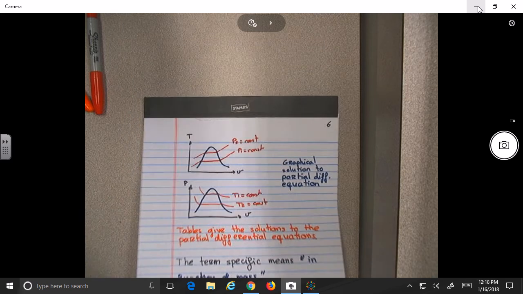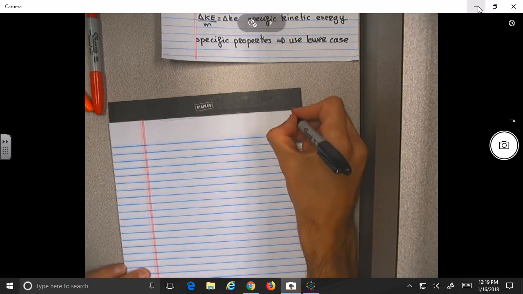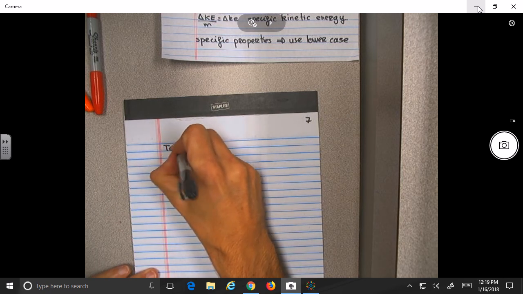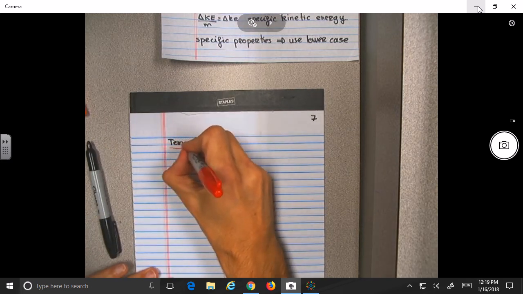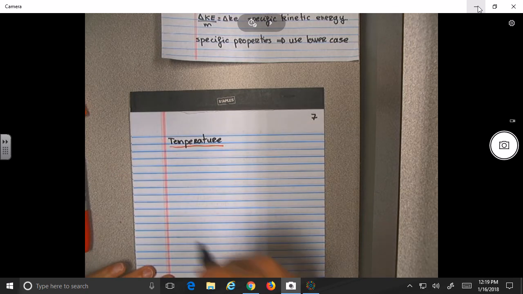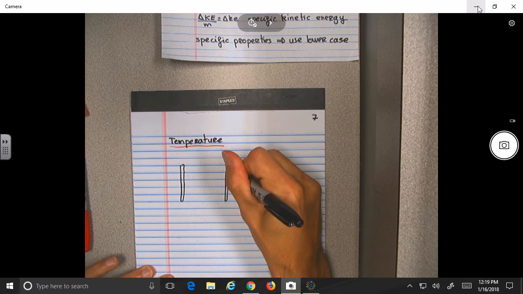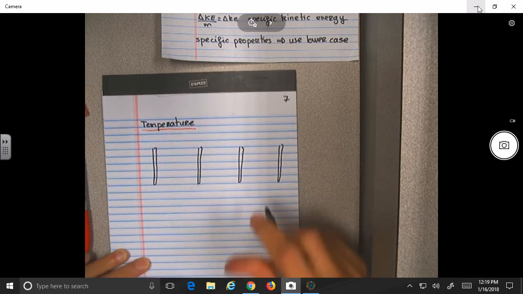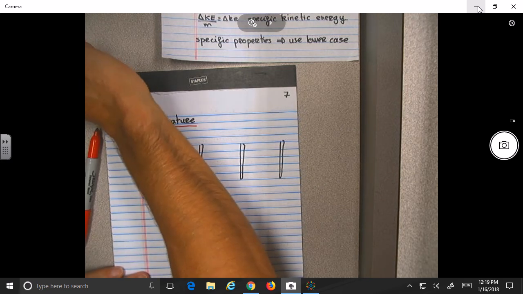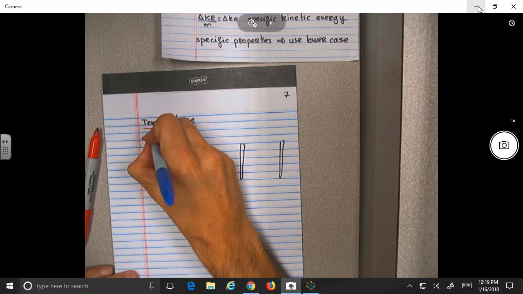Okay, the last thing we're going to do is just to look at the temperature. So let's start with Celsius.